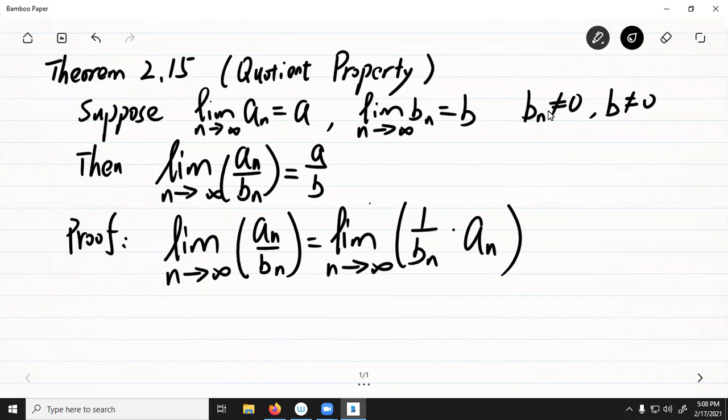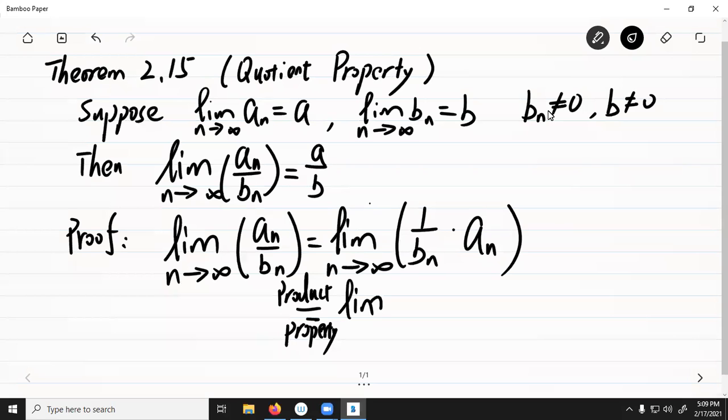Then we can use the product property. That means you can take the limit for each one if each one exists.